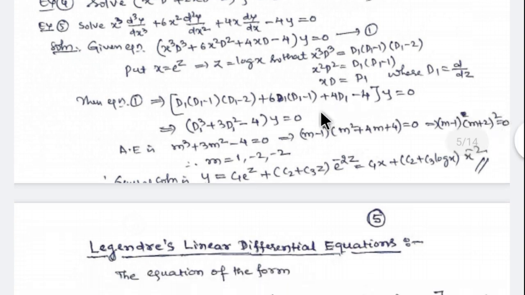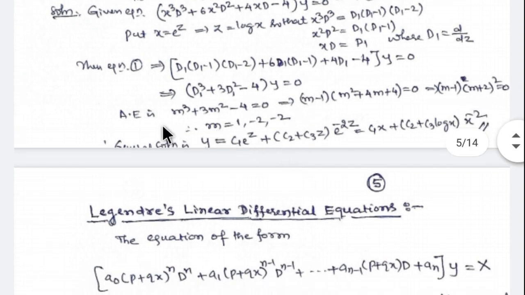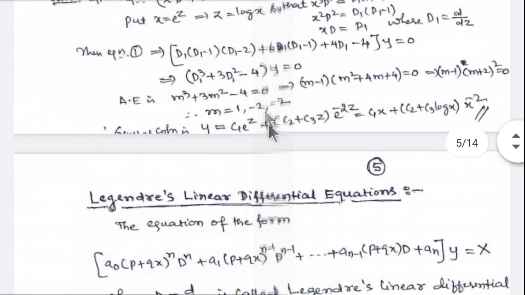After simplifying, removing all the brackets and multiplying, this gives D1 cube plus 3 D1 square minus 4, into y equal to 0. Here there is no particular integral since the right-hand side is 0, so directly using the auxiliary equation: m cube plus 3m square minus 4 equal to 0.